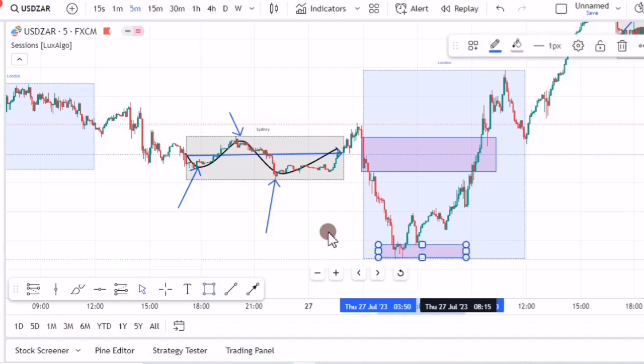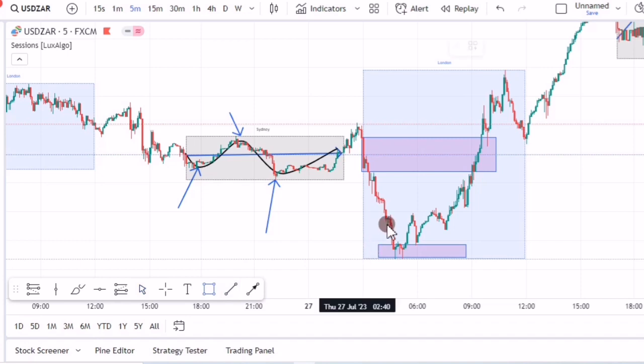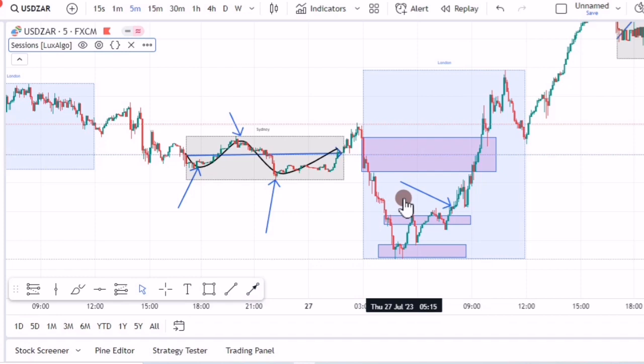If you take it to the 1 minute time frame, you will notice that this is a key level right here. So when price closed above there, you would identify it as maybe this first buy trade, this first entry, and then price pulled up, and when it pulled down, it must be that one, and then pulled up again, it must be this one. Okay, so it's like that.